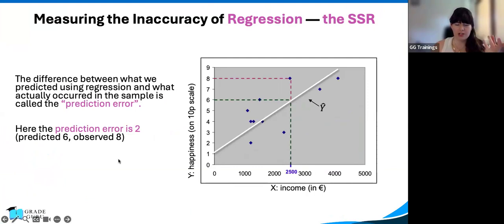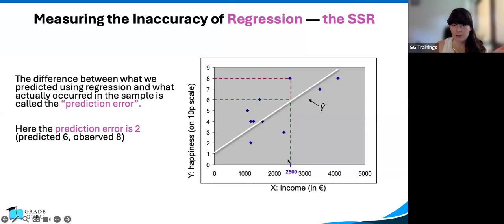Now remember what our regression line is doing is that it's predicting y. So we're trying to know what y is going to be, even if we don't have the data, right? But if we put our regression line through a scatter plot, you can see that the actual blue dots represent what occurred in the sample, and they're not sitting perfectly on our regression line.